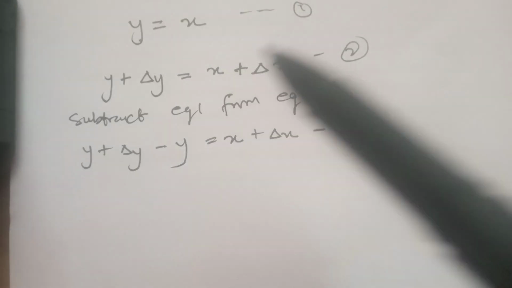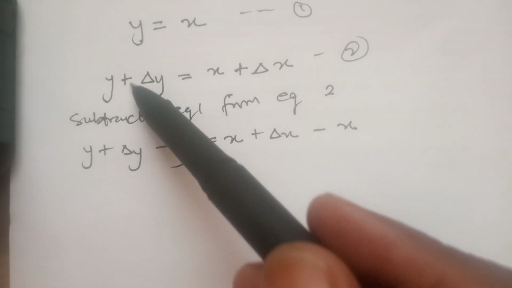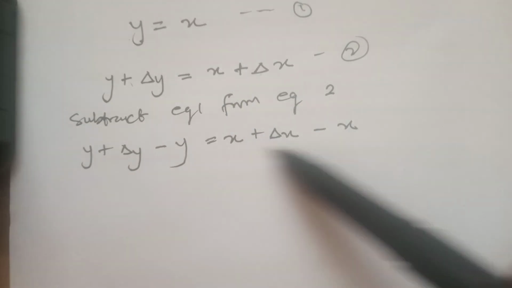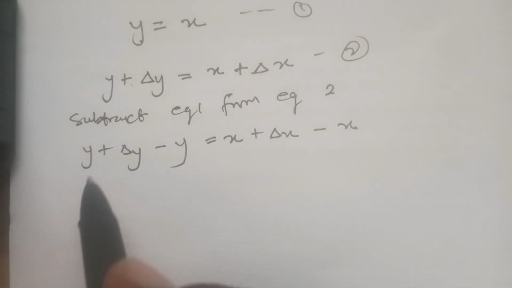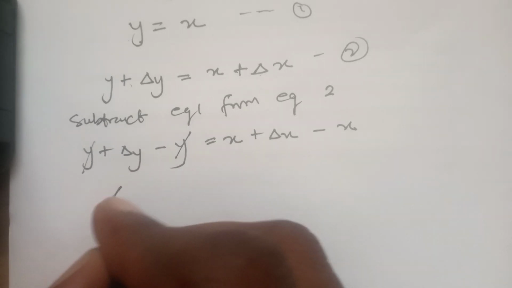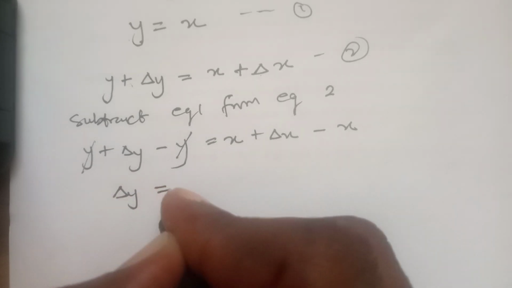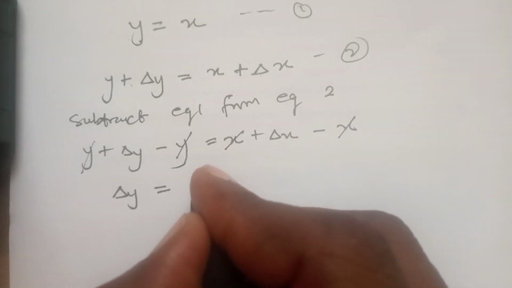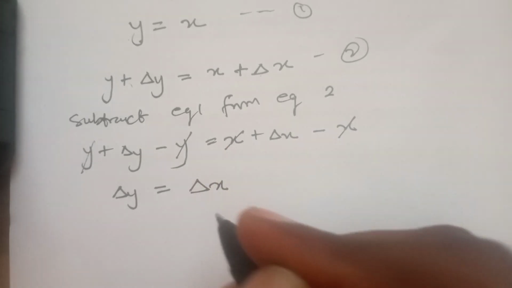It's simply the left side of equation 2 minus the left side of equation 1. So here y is going to take away y, then we have delta y left, equals to the same thing will happen here. x is going to take away x, so we're going to have delta x here.